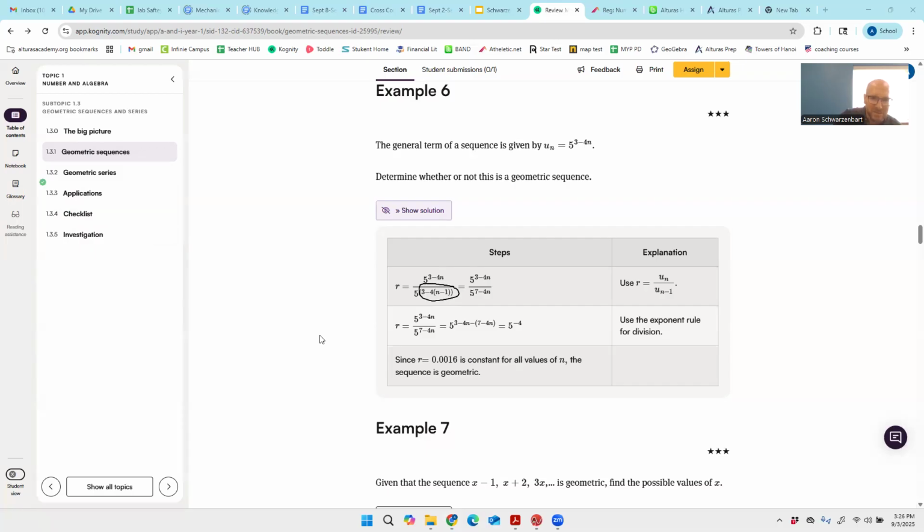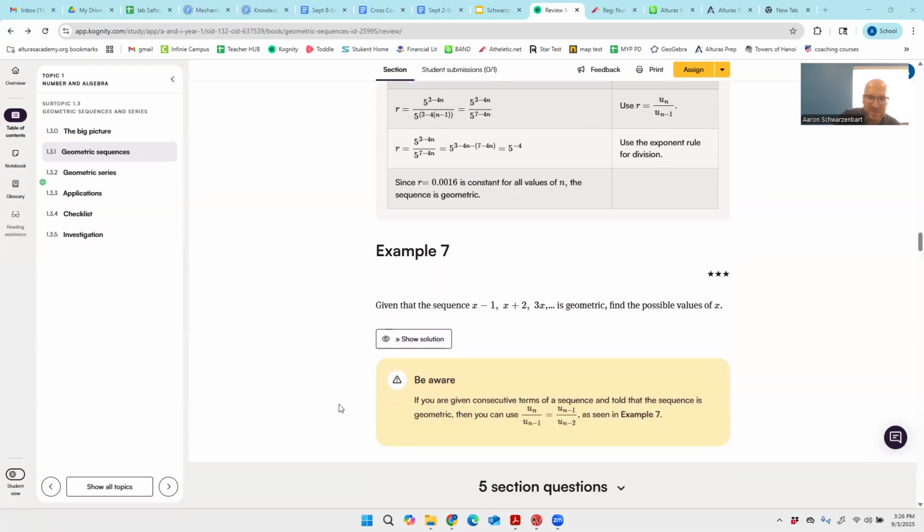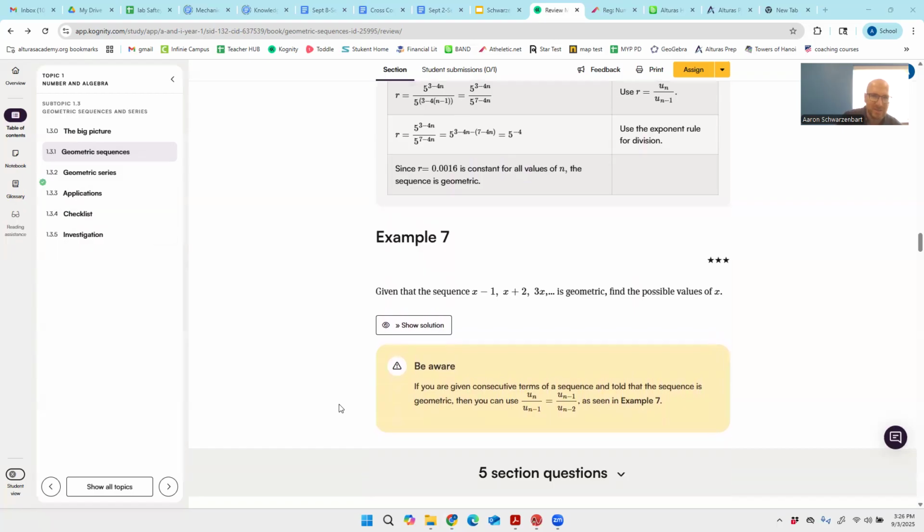Okay. Last one. Given the sequence x minus 1, x plus 2, and 3x is geometric. Find the possible values of x. So I know that first term x minus 1 times some common ratio has to equal x plus 2.